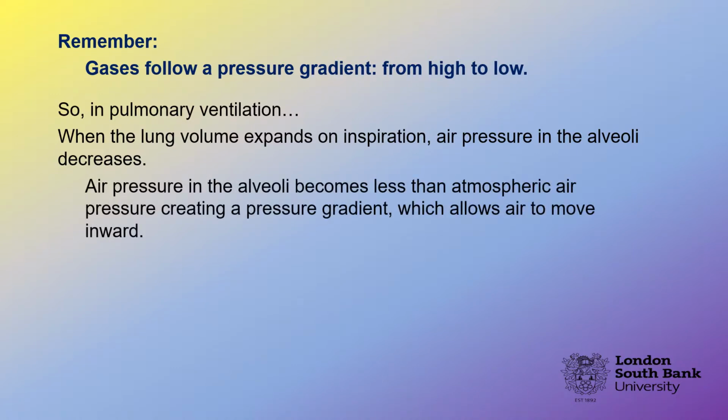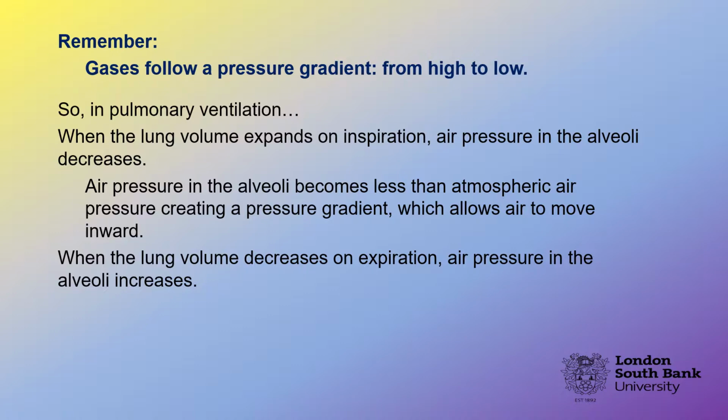It decreases to the point where it is less than atmospheric air. We're talking about a very small difference, but still it's less than atmospheric air. This creates a pressure gradient and air will move into the alveoli following its pressure gradient.